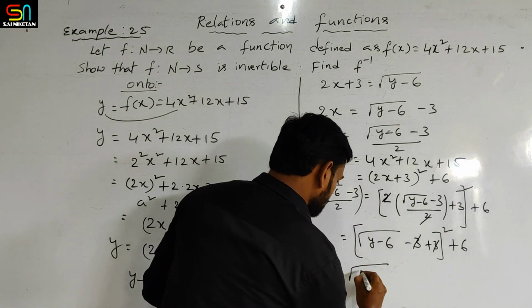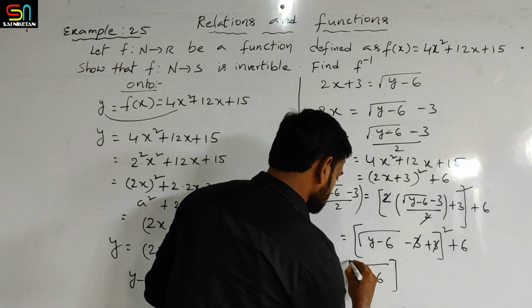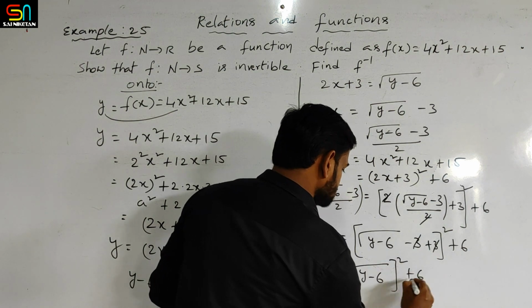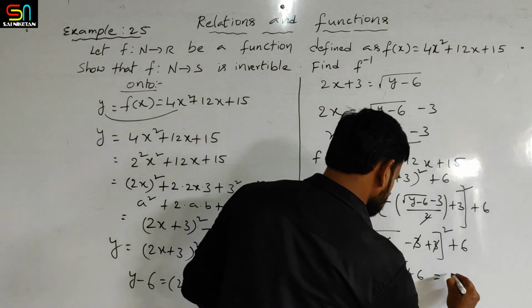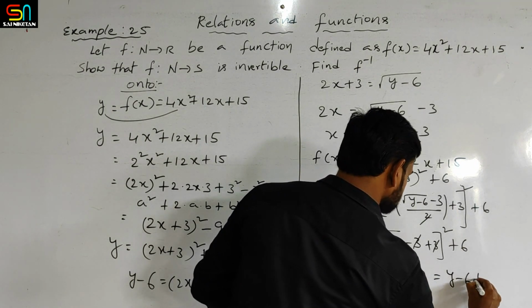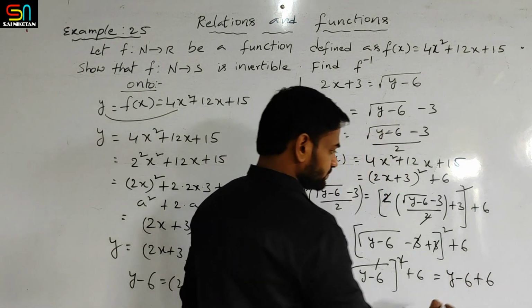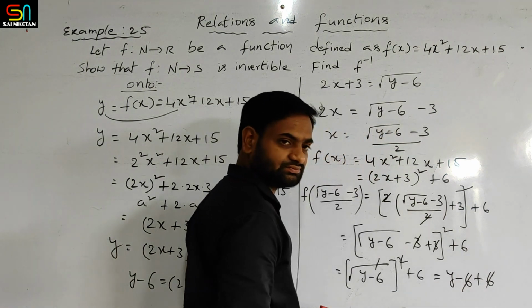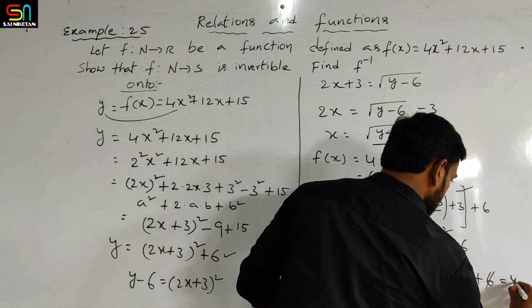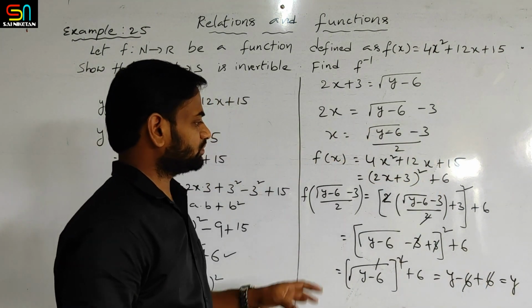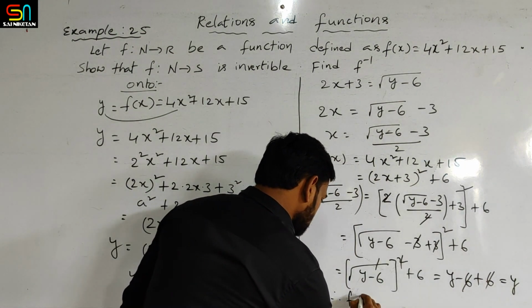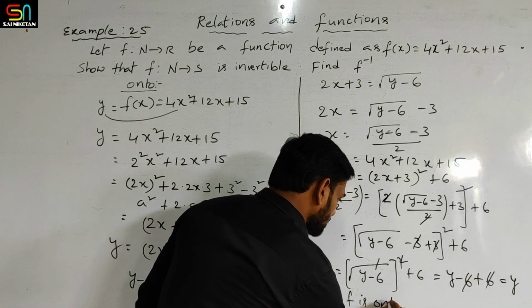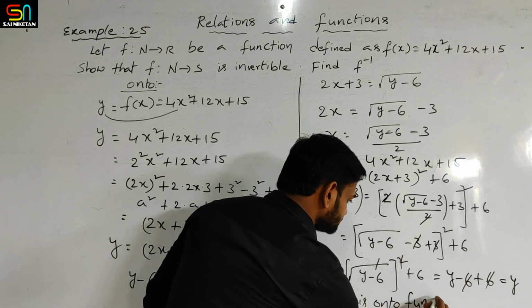Now here (root of y minus 6) whole square plus 6, the square and root get cancelled. Now remaining is y minus 6 plus 6, the 6 cancelled. It is equal to y. You got the answer y. Therefore, f is onto function.